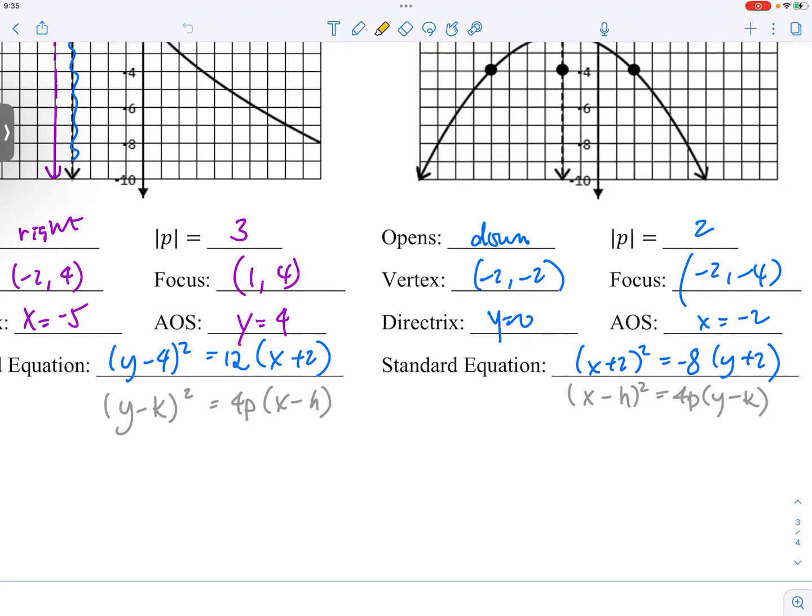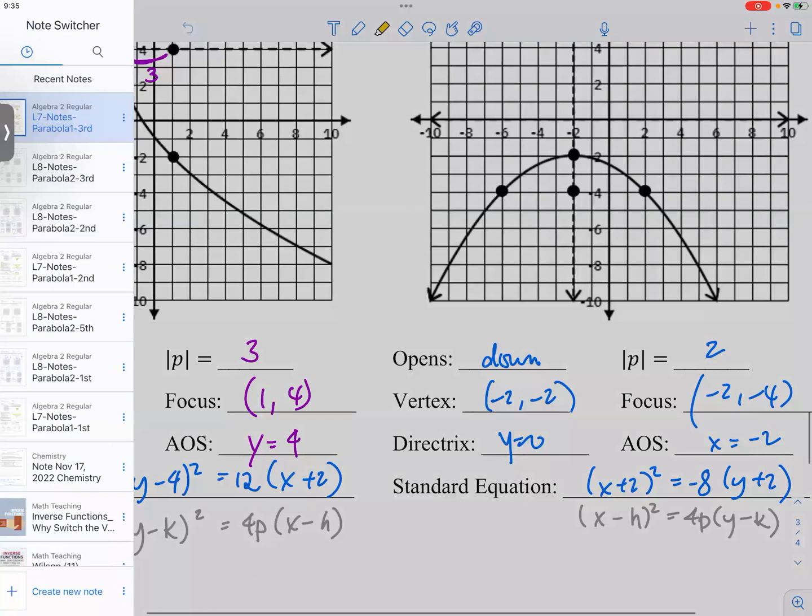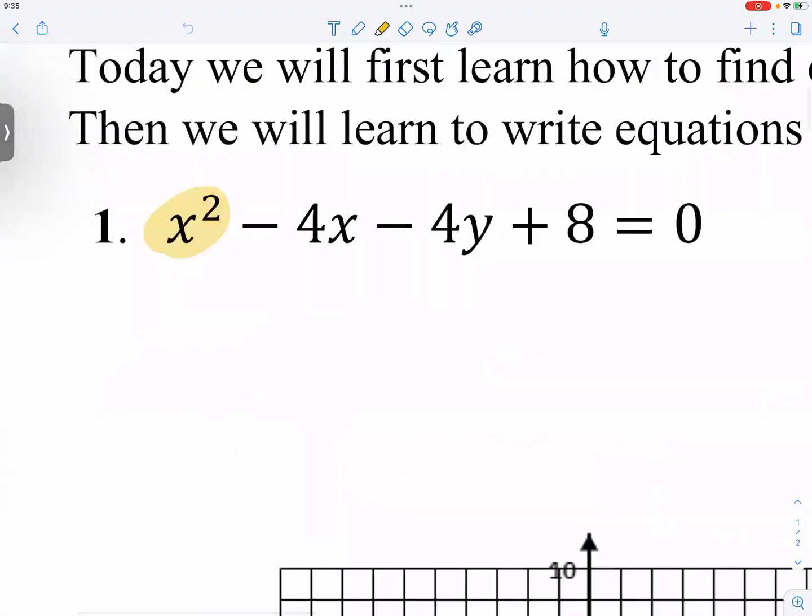You can actually get the graph drawn if you have the equation. But the dilemma right here is that if you look at this equation, the only thing you can extract is that, oh yeah, it's a vertical parabola. Other than that, we don't know. So it becomes our job to extract more information.